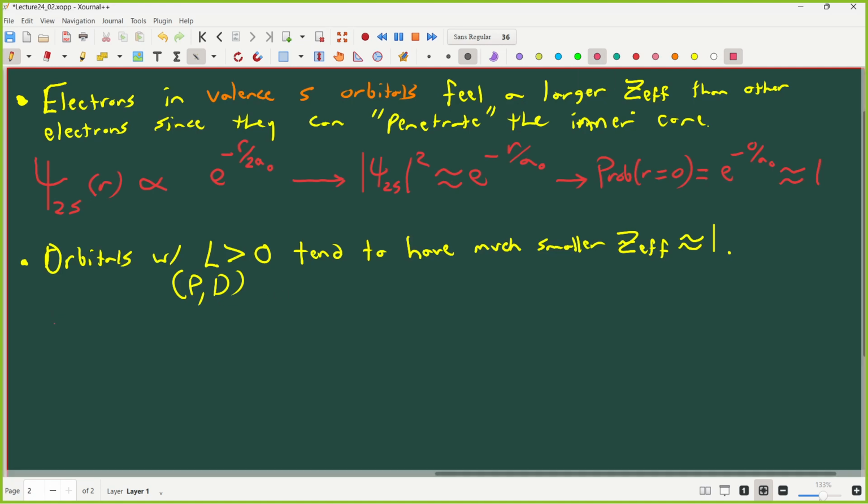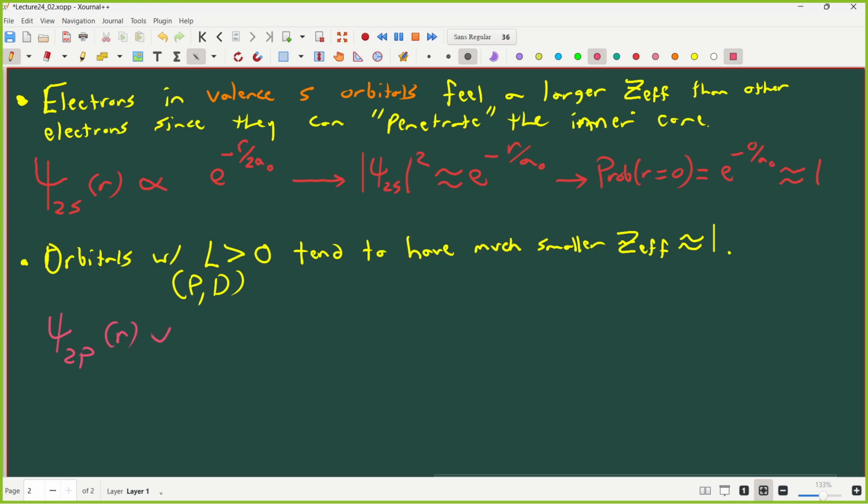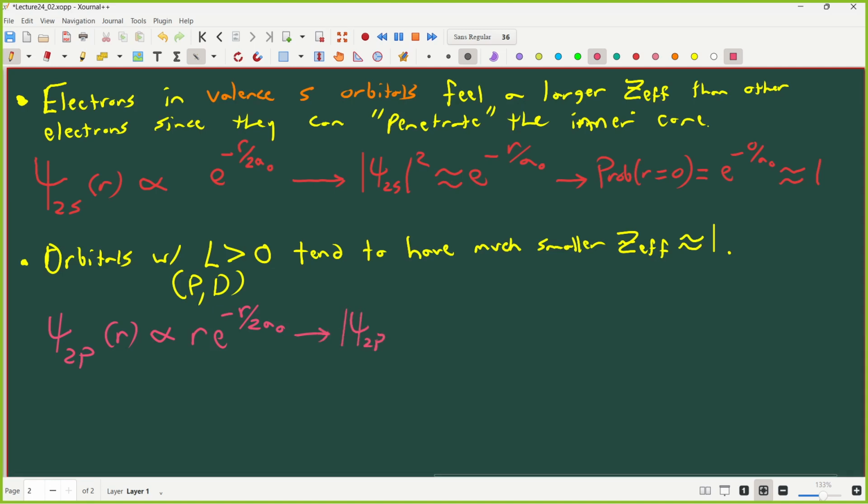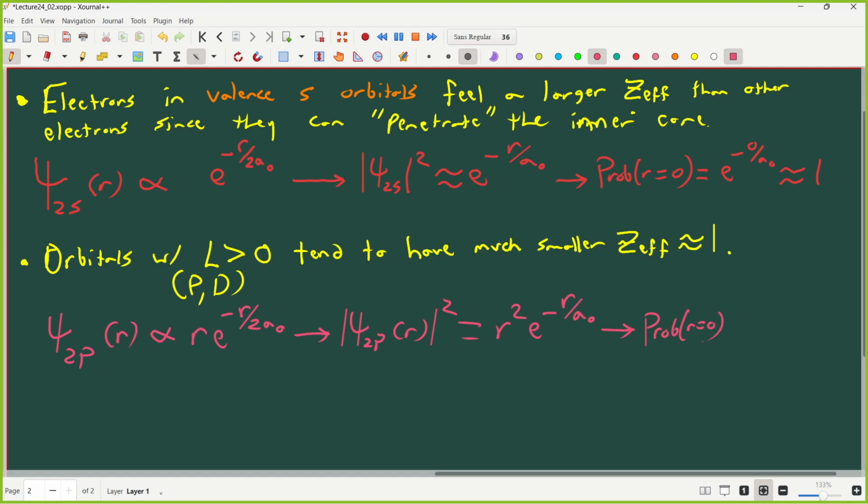It's not too hard to show. It's easier to see here that the orbital for 2p, for instance, is a function of r. We're not going to worry about the angle part, just the r part here. It's proportional to r e to the minus r over 2 a naught. When you square this, you get r squared e to the minus r over a naught. So what's the probability of finding the electron in the core?